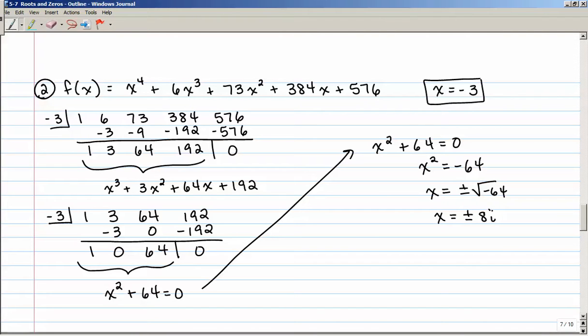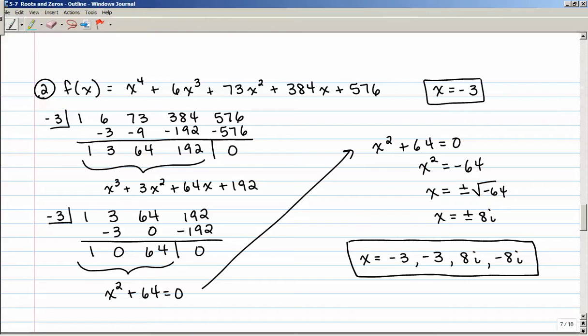So all of my roots are x is equal to -3, and that was actually a repeated root, so I'll list that twice, a positive 8i and a negative 8i. And it makes sense that I should have 4 solutions because it started out as an x to the fourth.